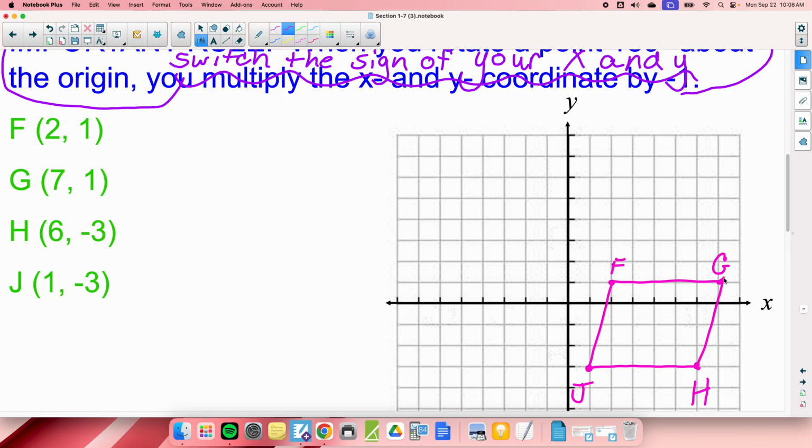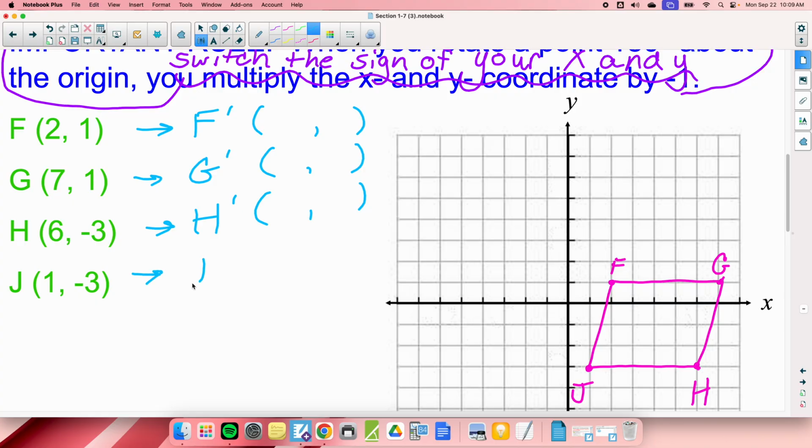All right, now what we're gonna do is figure out what is gonna be our F prime, our G prime, our H prime, and our J prime, okay? And if you look at what I had you guys write down, you're gonna switch the sign on both your x and your y.